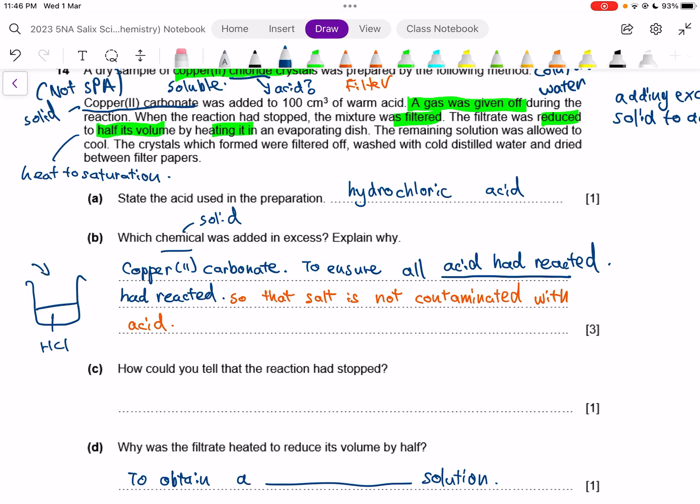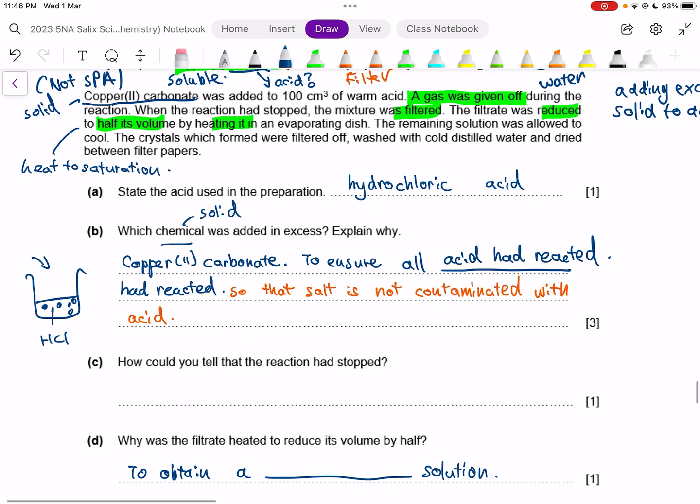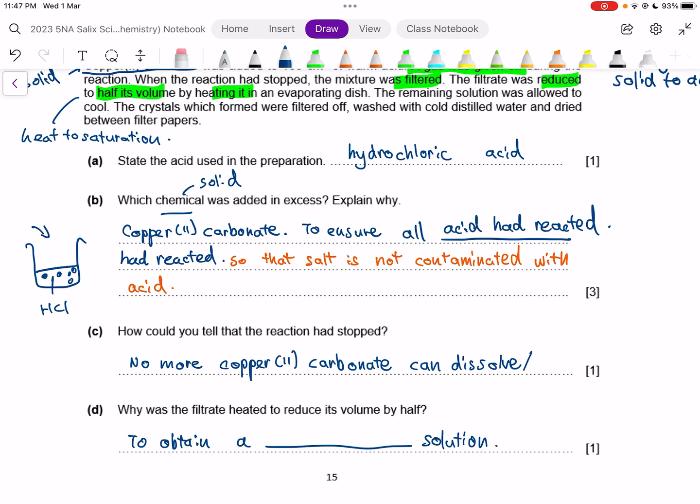You throw in the copper(II) carbonate and bubbles come out. So you don't have bubbles anymore, or there's no more copper(II) carbonate that can dissolve. Or there's no effervescence produced. Effervescence means the bubbling.